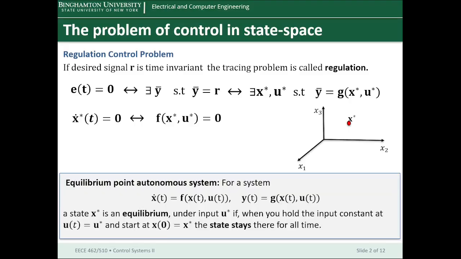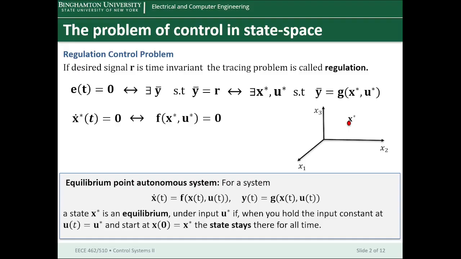For a system x dot equal f of x and u and y equal g of x and u, a state x star is an equilibrium point under the input u star if, when the input is held constant at u of t equal u star and the initial state x0 is equal to x star, the state remains there for all time.